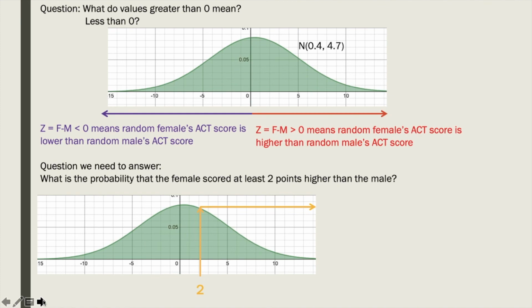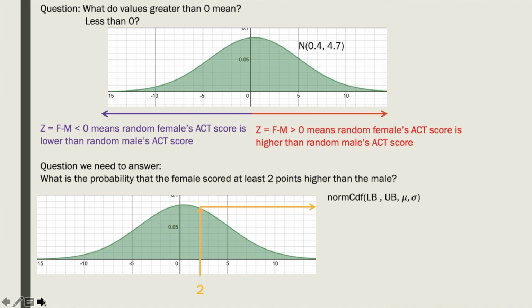So if you did it in your calculator, the calculator command, remember, is your normal CDF, C standing for cumulative, because I want an area, not just one probability. So a cumulative probability, I give my lower bound, which in this case would be 2, and my upper bound, which in this case would be technically infinity, but your calculator doesn't like infinity, so we put a bunch of 9s in there.